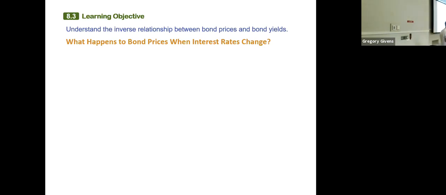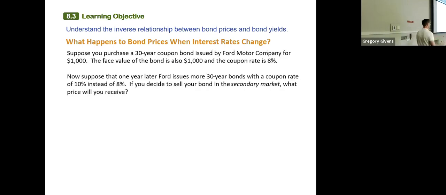So let's say you were to purchase a bond at some particular interest rate, but then later on, as you are holding that bond, interest rates on newly issued bonds are actually different than the ones that you purchased in the first place. What do you imagine happens then to the price that your bond is going to fetch in a secondary market? Now, this is kind of a theoretical question, but I want to try to answer it using a concrete example so that this makes as explicit sense as possible, okay?